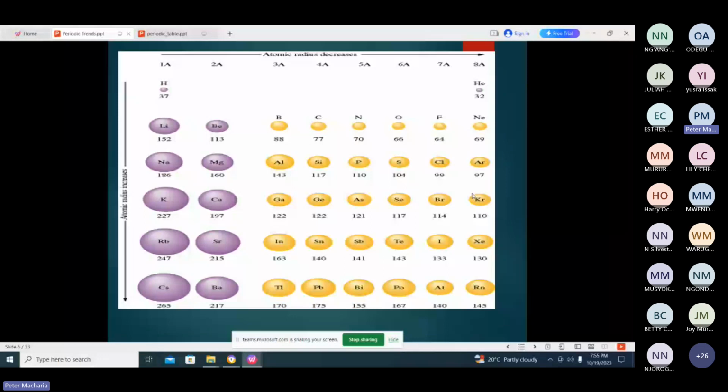So if you look at these elements, which are the smallest elements? They are the ones in period 2 and at the top of the groups, and period 2 groups 6 and 7, particularly group 7, because as you move across the period, the atomic radius is decreasing, isn't it?